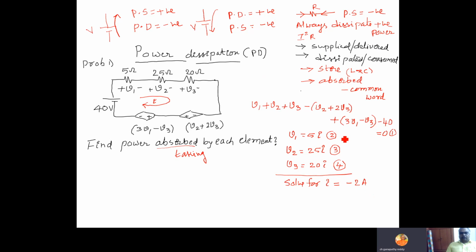If this is minus 2 amps, then V1 is minus 10 volts, V2 is minus 50, and this one is minus 40.